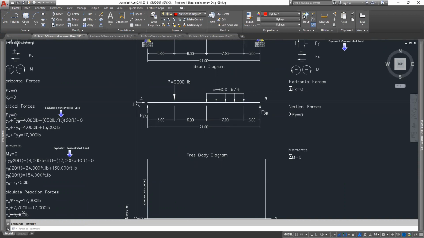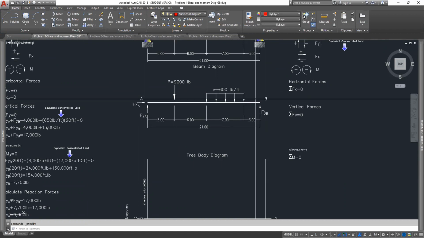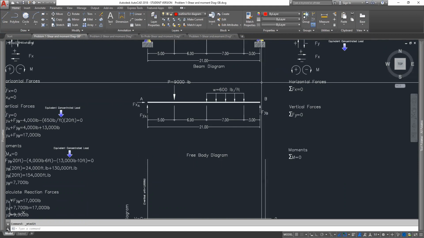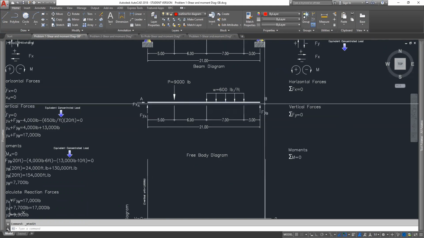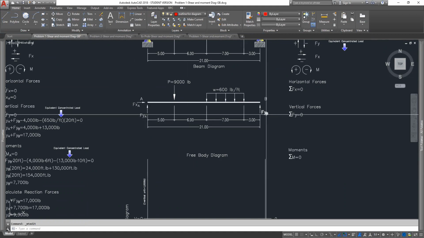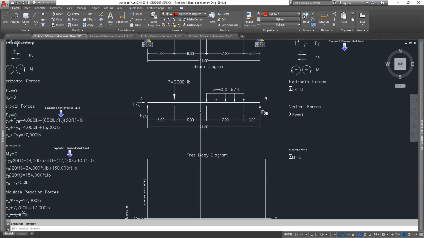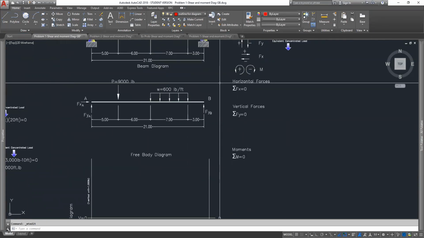So we have one horizontal force in here to counter any horizontal forces that may be put onto the beam. And we have two vertical forces at the reactions, Fya and Fyb. The first thing that we're going to do is solve for the horizontal forces.